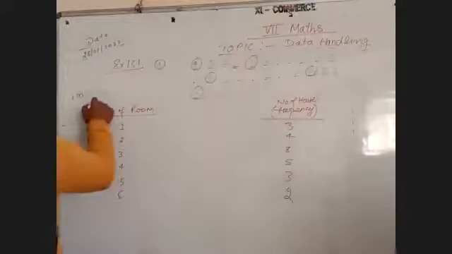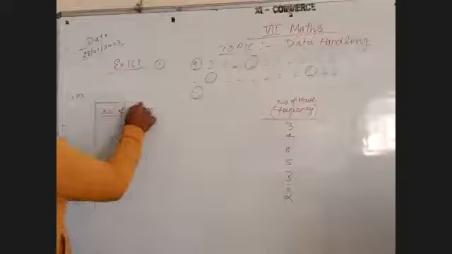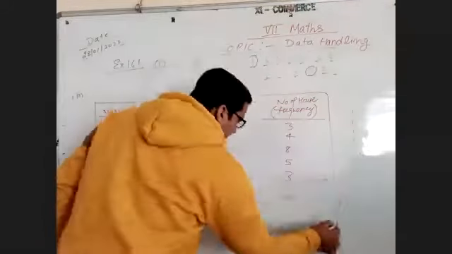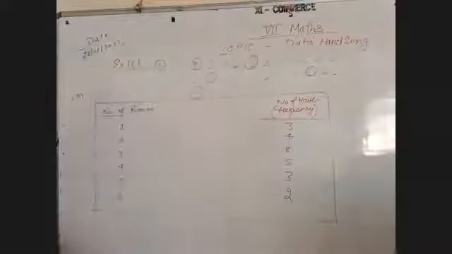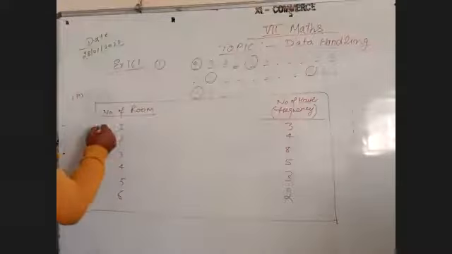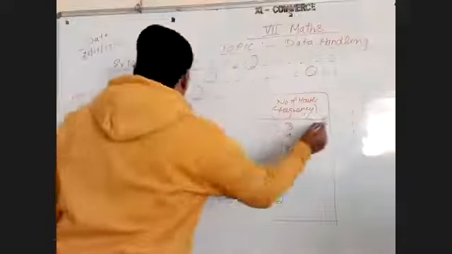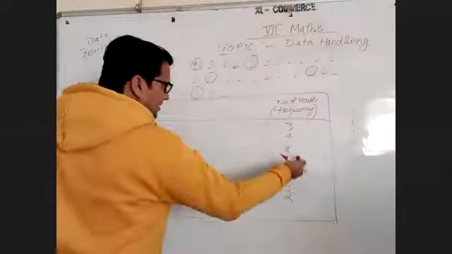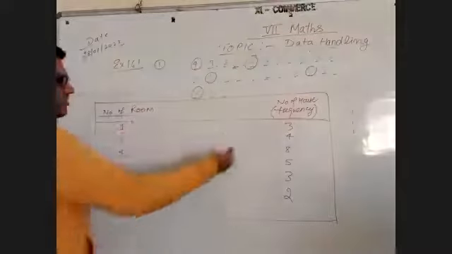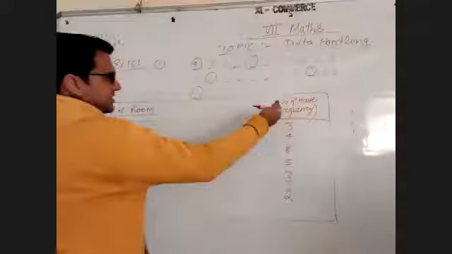We are drawing frequency distribution table in the third part. This is your frequency distribution table. In the frequency distribution table, number of rooms is written here, number of houses is written here in the form of frequency, and now we have to write the tally marks.